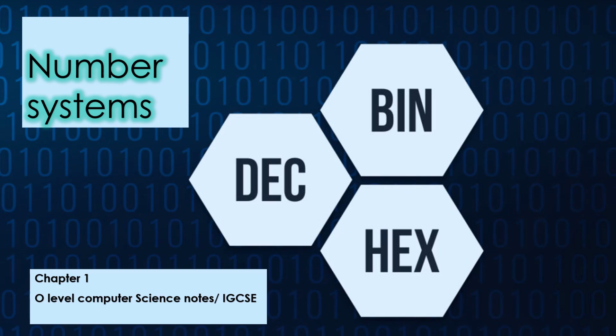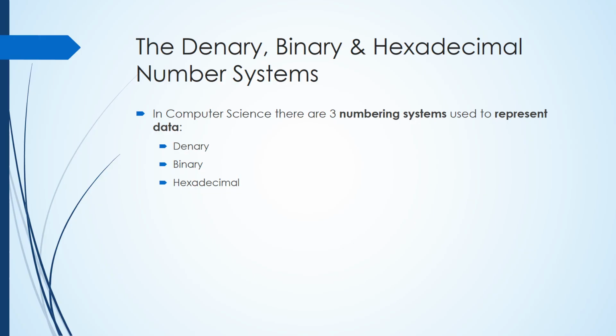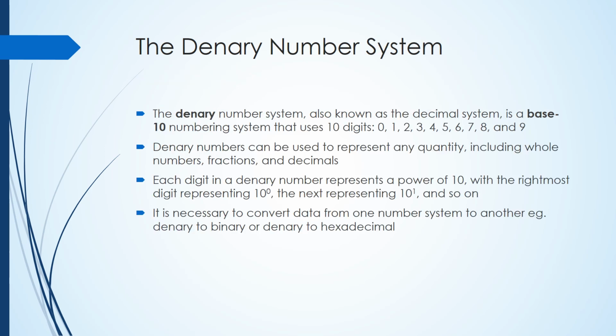So, the number systems: there are three number systems, binary, denary, and hexadecimal. The denary number system, also known as decimal, is base 10 and represents 10 digits, 0 to 9.